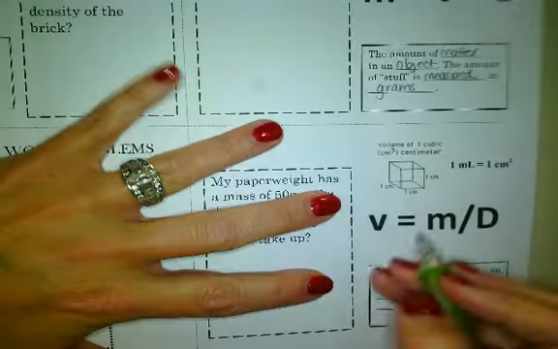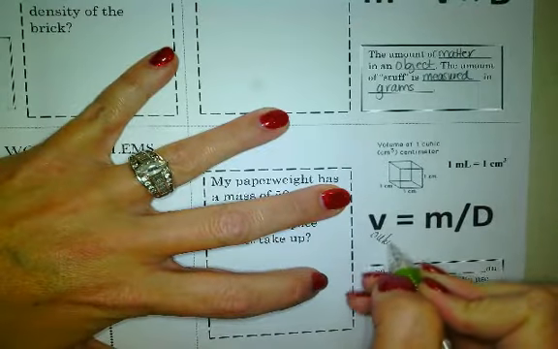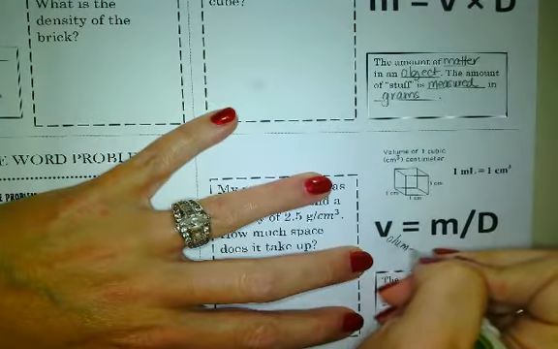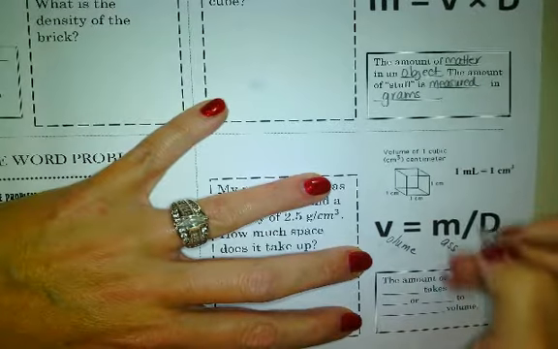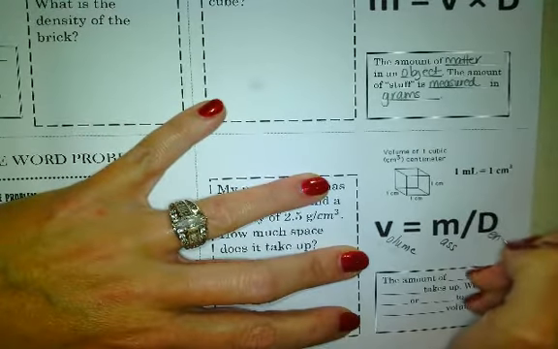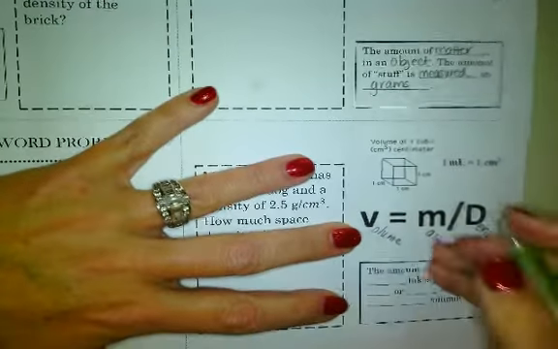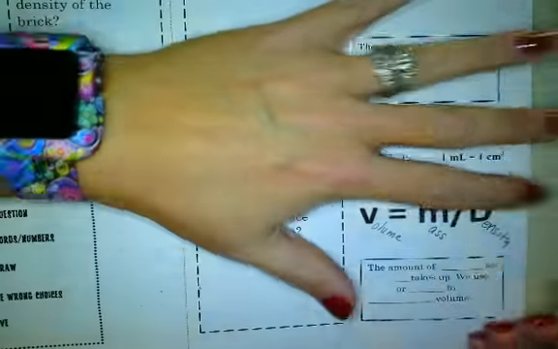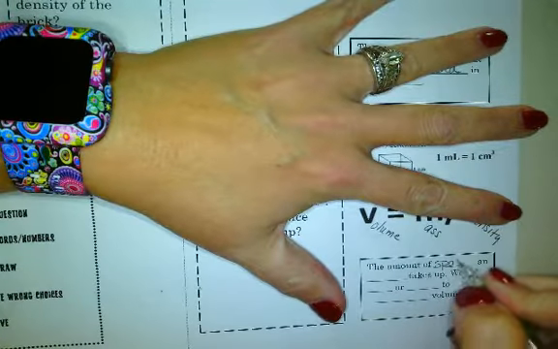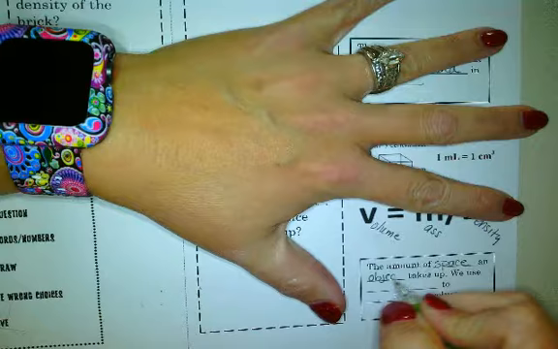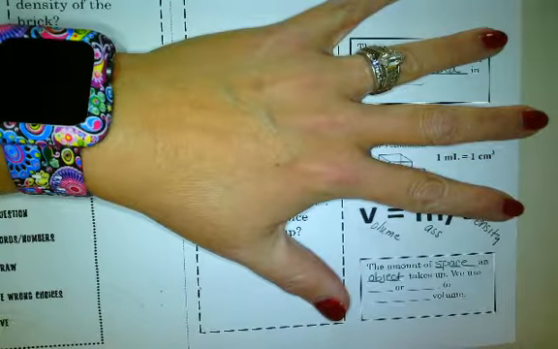Alright, so let's go ahead and move on down to what we have last, which is volume. Volume equals mass, again, divided by density. Okay, so volume equals mass divided by density. And let's talk about what volume is. Volume is the amount of space an object takes up.